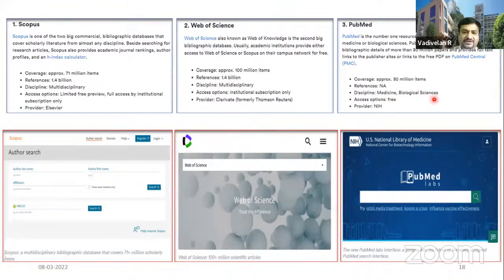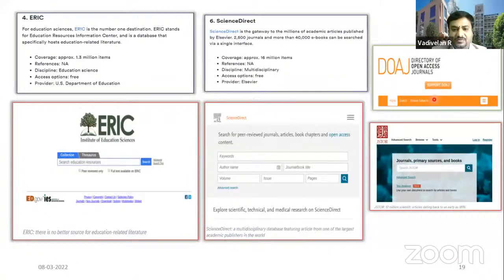So we should have a brief idea of what these databases are and what their importance is, and exactly what we will be able to collect from them. Most of the databases are from the US. ERIC is the Education Resource Information Center from the US Department of Education, related to education science.